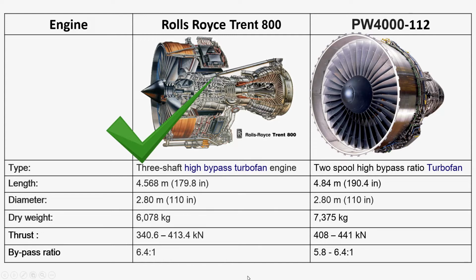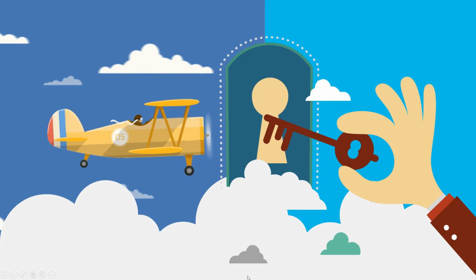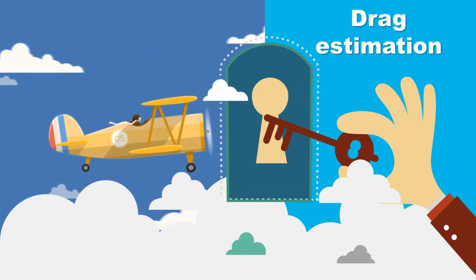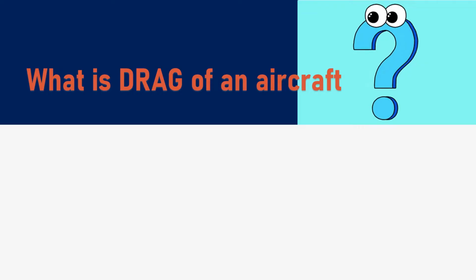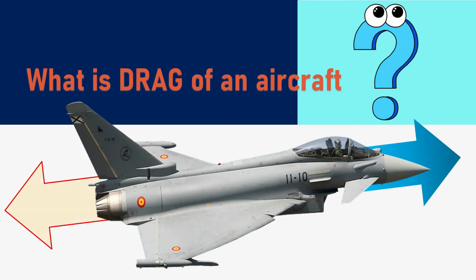Coming to the next topic, drag estimation. Now, what is drag? Being aerospace or aeronautical engineers, you all might know that it is a resistive force acting opposite to the forward motion of an aircraft.